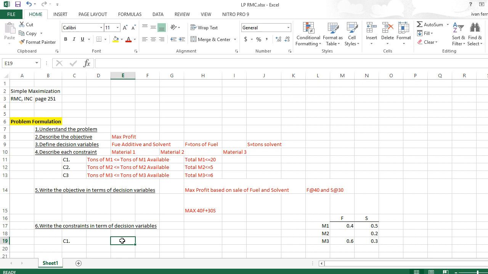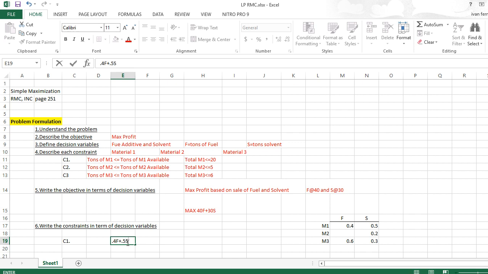So the very first one is, remember, don't use more than 20 tons of M1. Okay, so M1 is required in the production of both. As a matter of fact, 0.4 is required for fuel and 0.5 is required for solvent.